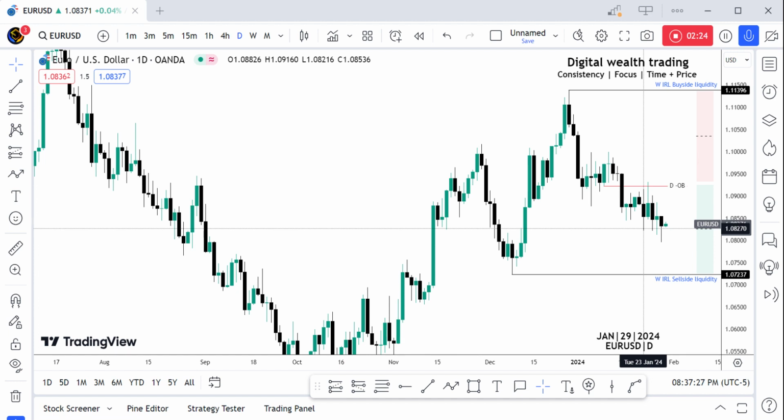Well, the Euro US dollar did deliver lower, taking out Friday's low and the previous week's low, which is the low of the week.